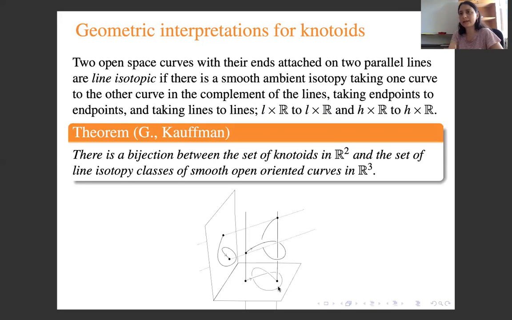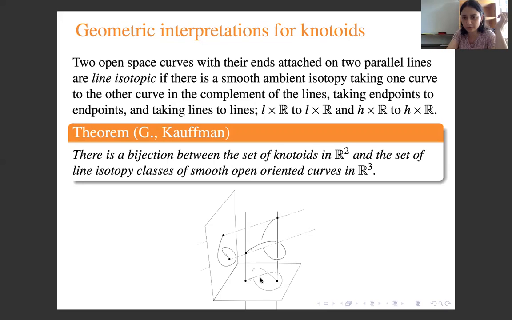And in the opposite way, if you are given a smooth, open, oriented space curve, we can pick one plane in the three-dimensional space. Suppose that we chose the XY plane, and we determine the two parallel lines passing through the ends of the space curve and perpendicular to the chosen plane.